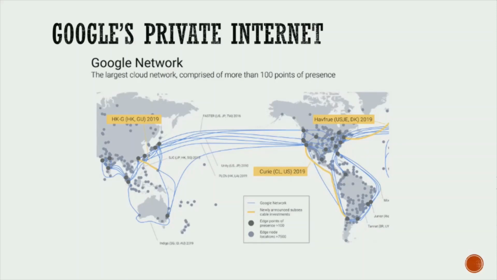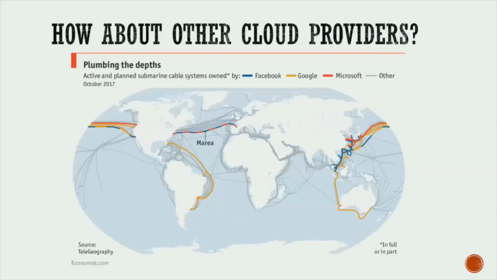that connects different continents. And it's not only Google. As you see in this picture, you have optical fiber from Facebook, from Google, from Microsoft, and they are all building their own backbone network so that they can efficiently transfer data and services between their data centers. So they're not using the internet to communicate between data centers.